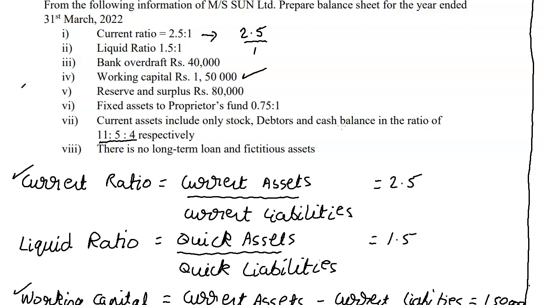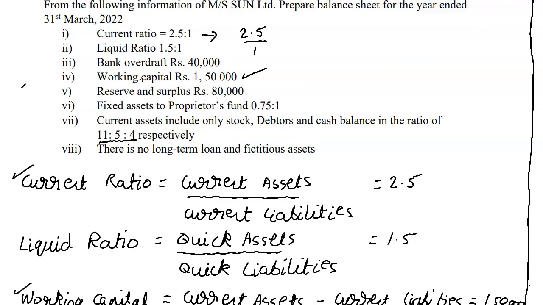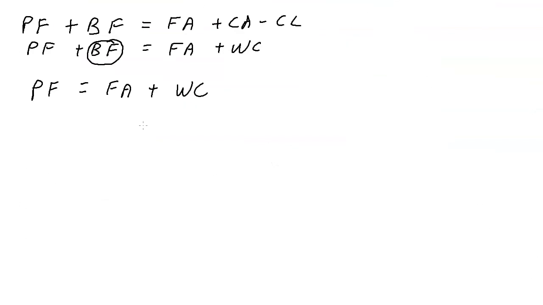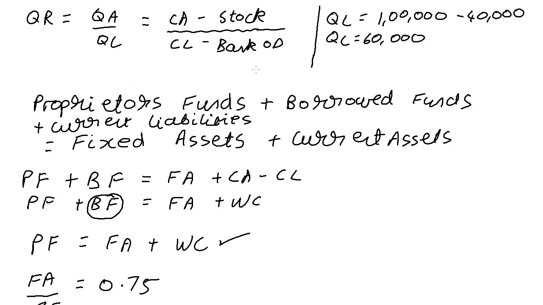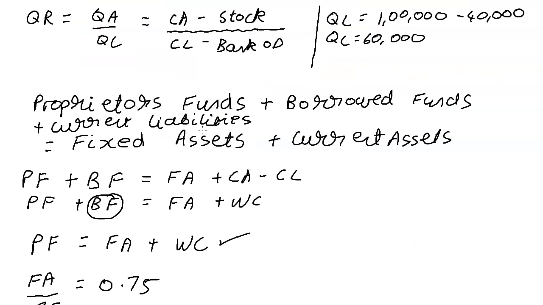Okay, so let's see. We have an equation where fixed assets to proprietor's funds, FA upon PF, is 0.75. Working capital, we have a value. Going back upstairs, working capital is equal to 1,50,000.